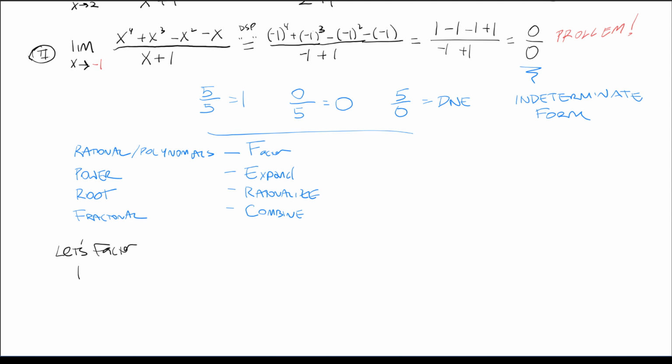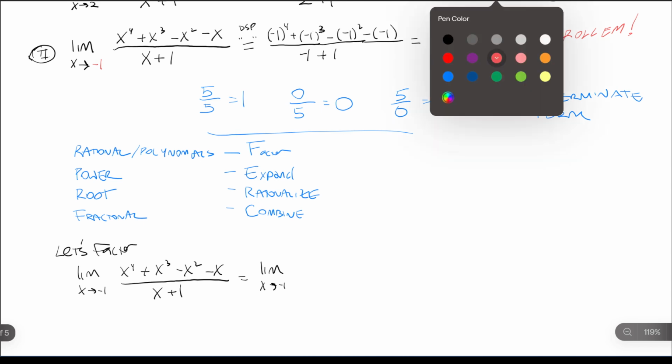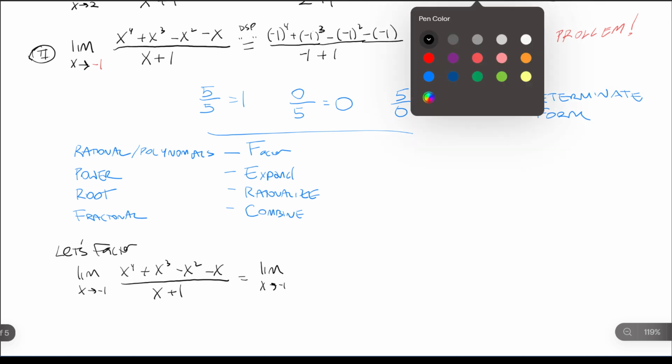Okay, so we're looking at the limit as x approaches -1, x to the 4th plus x cubed minus x squared minus x all over x plus 1. How can we factor that? You may remember there's different ways to factor, right? If you have a binomial, a trinomial, in this case we have 4 terms, and so let's factor by grouping.